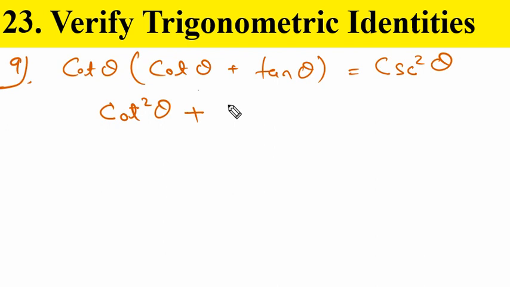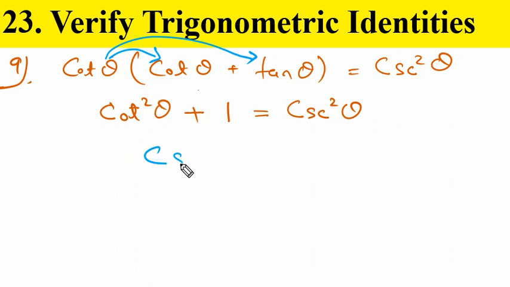Just now I told you that cot theta multiply with tan theta will give you 1, right? What I did here, I multiplied this with both terms inside, and 1 plus cot square theta will give you cosecant square theta, and that's it. That's how you will do it.